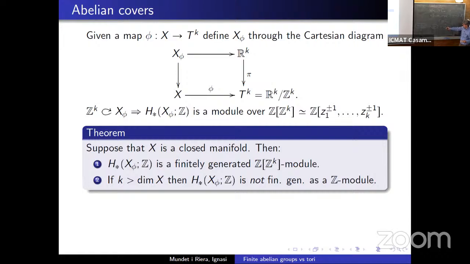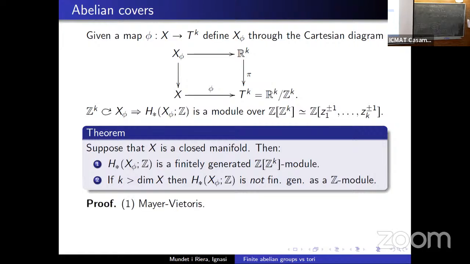If you consider the abelian cover induced by this composition, then this is going to be a cylinder with infinitely many handles attached to it. Now the second part of the theorem says that if k, which is the dimension of the torus, exceeds the dimension of X, then the homology of the abelian cover cannot be finitely generated.